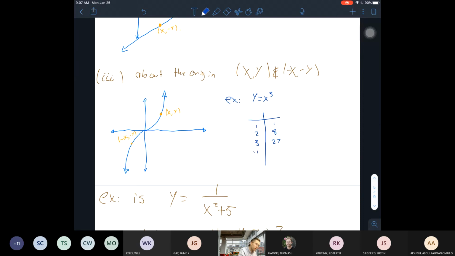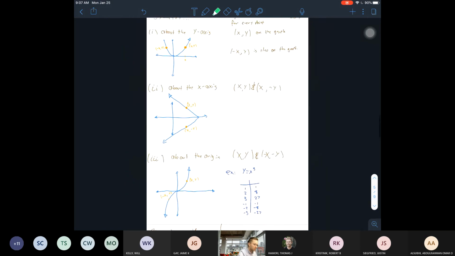Likewise, if I do -1, -2, and -3, my cubes are going to be -1, -8, and -27. So for each point 1 comma 1, I also have the point -1 comma -1. For 2 comma 8, I've also got the point -2 comma -8, so on and so forth.